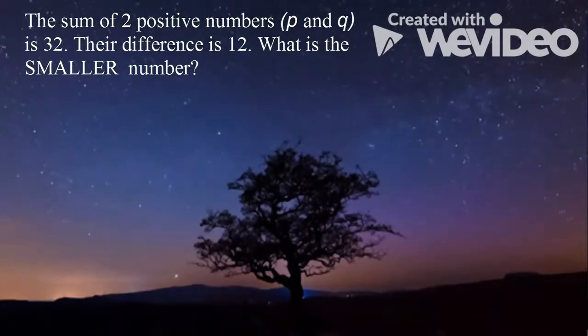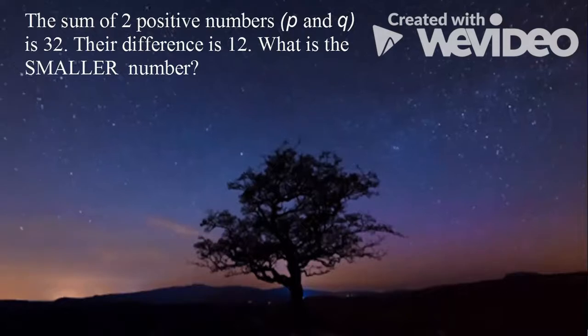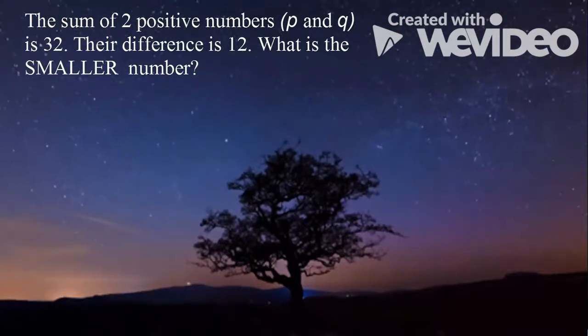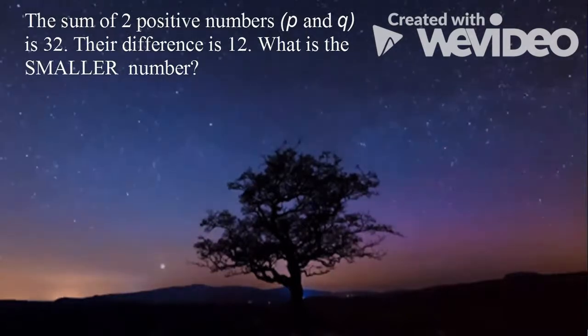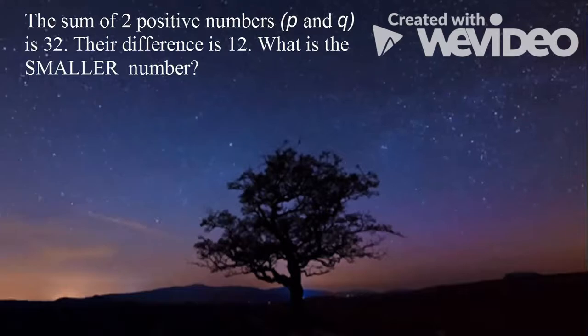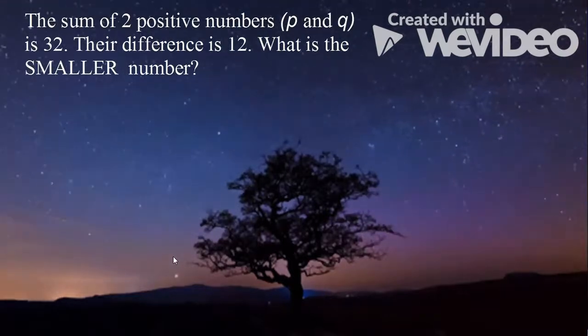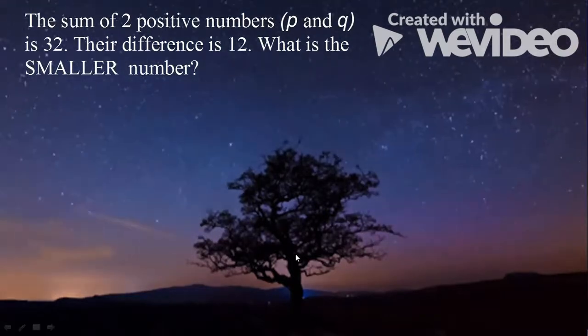The sum of two positive numbers, P and Q, is 32. Their difference is 12. What is the smaller number? This is actually a simultaneous equation question in disguise.